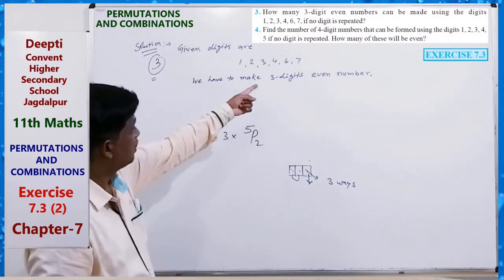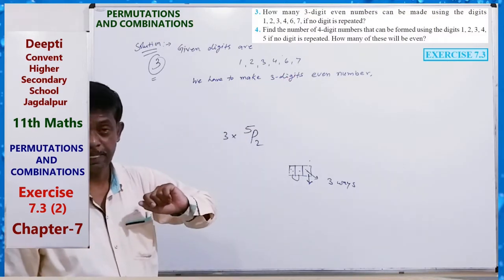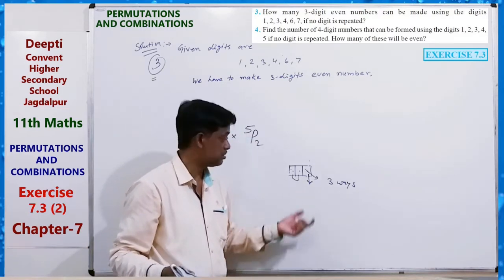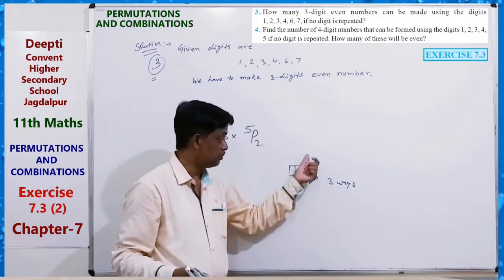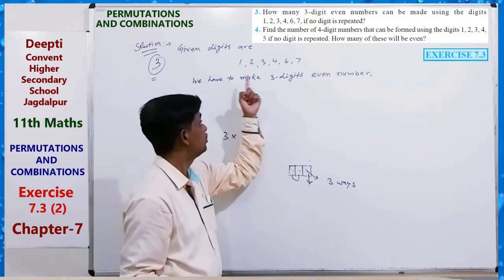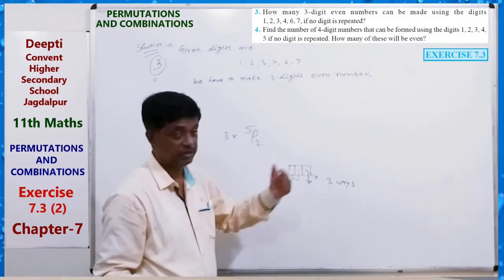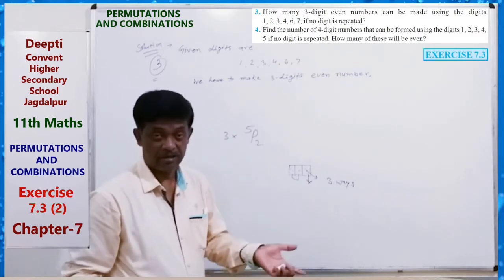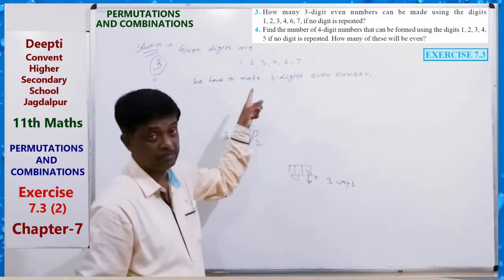We have to make 3 digit even numbers. For making 3 digit numbers, we have 3 places. The unit place can be filled by any of 2, 4 or 6, that is 3 ways, and the remaining 2 places can be filled by any of the remaining 5 numbers.